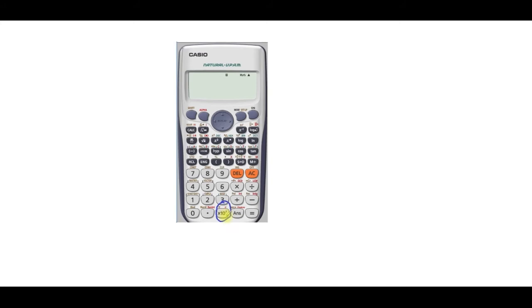However, on some calculators it won't be 10 to the x. The key will be called an EXP key, which is exactly the same as 10 to the x. So if your calculator's got an EXP key, that's the one we're referring to there.